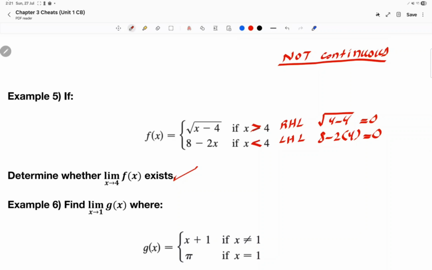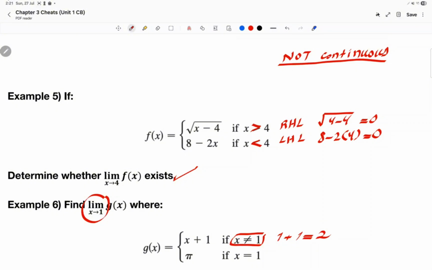When they want you to assess the limit of x approaching 1, which one do you use? The top or the bottom of the piecewise function? Top. It must be not equal to. Always. So just replace x with 1. 1 plus 1 is equal to 2. And that's about it. The answer is correct. Okay.